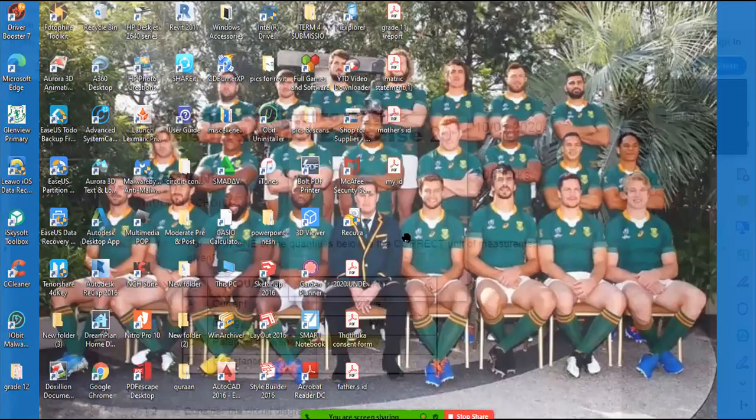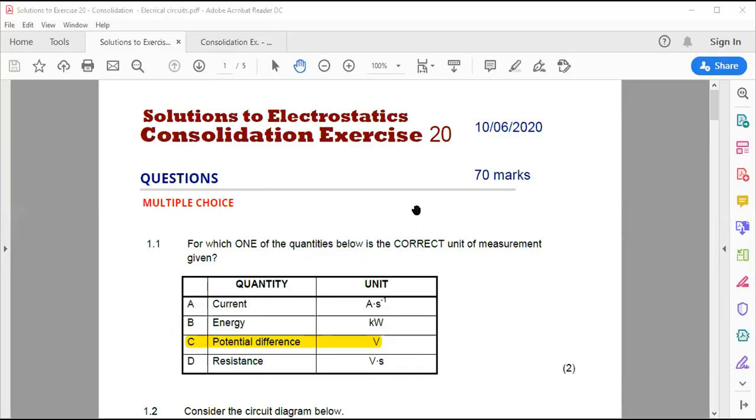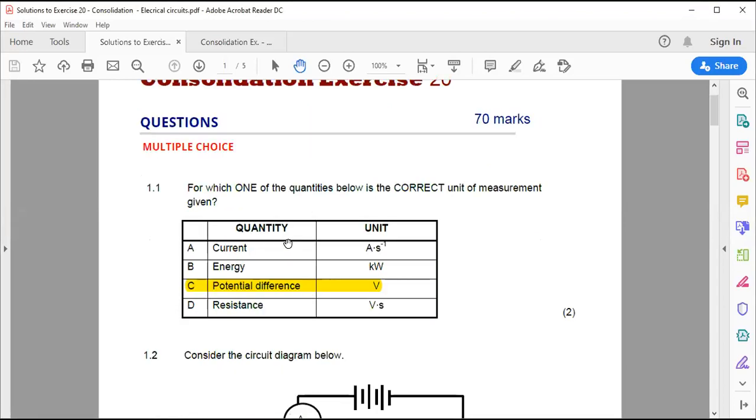Right. So we're looking at the consolidation exercise. We're going to be revising consolidation exercise 20. All right, so let's start.